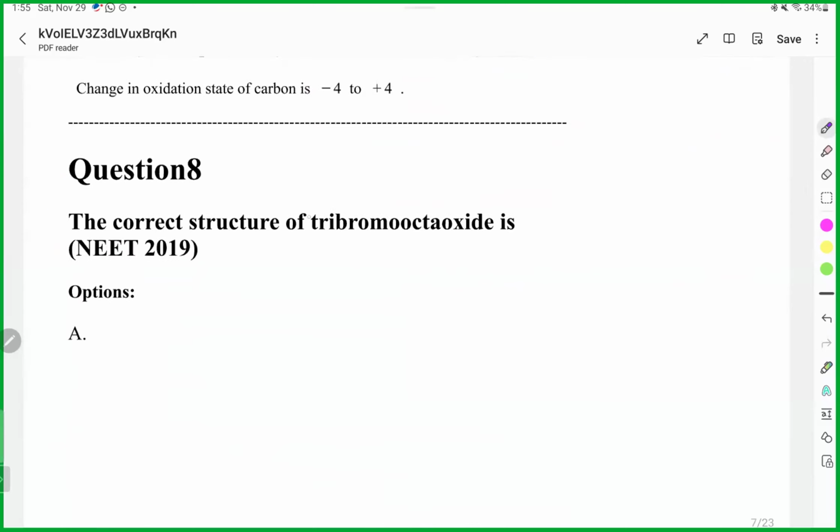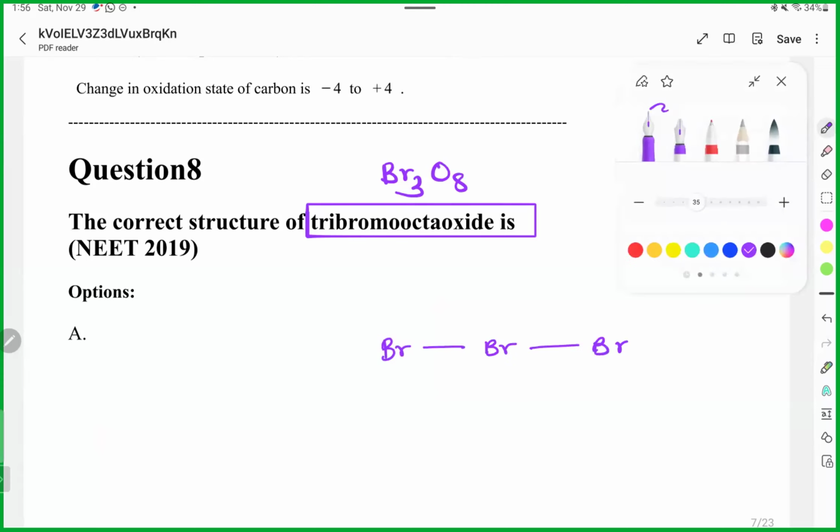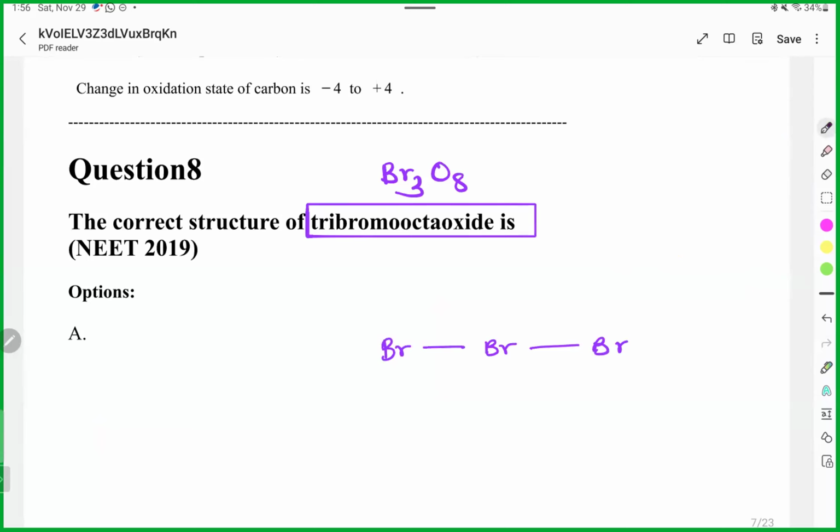What is the structure of tribromine octoxide? How many bromine? 3 bromine, 3 oxygen, 8 oxygen. We have to find the bonds. Bromine can have maximum +7 because it is a group 17 element. +2, +4, +6.